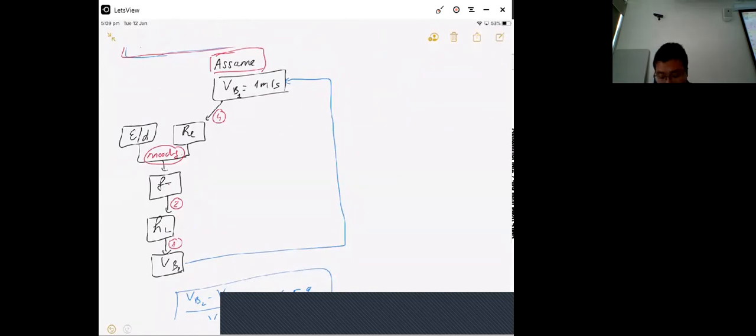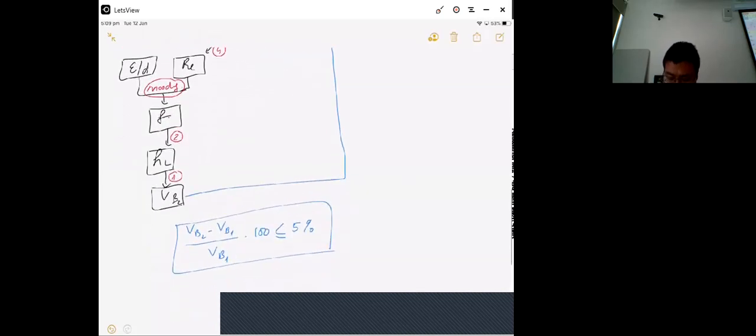You try again until VB2 at the end minus VB1 divided by VB1 times 100 is smaller than or equal to 5%. The difference between VB at the beginning and the end of the loop is smaller than 5%. It's okay.